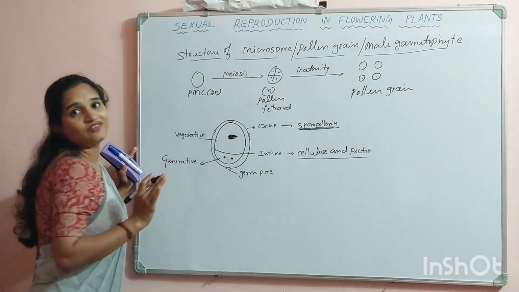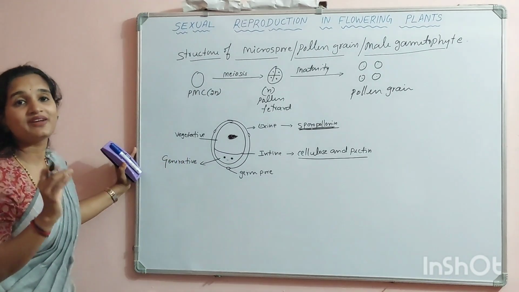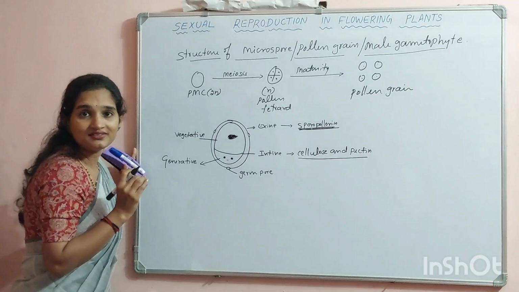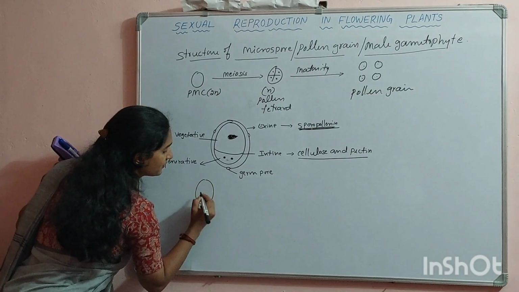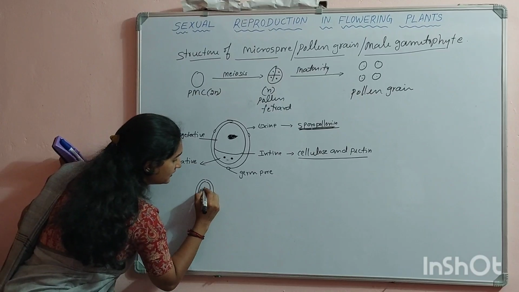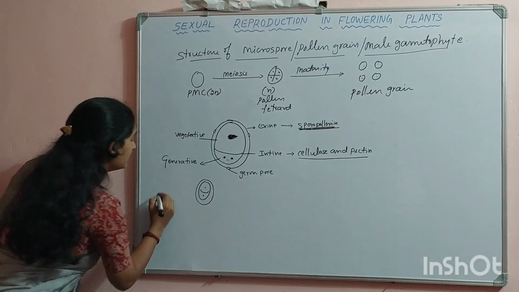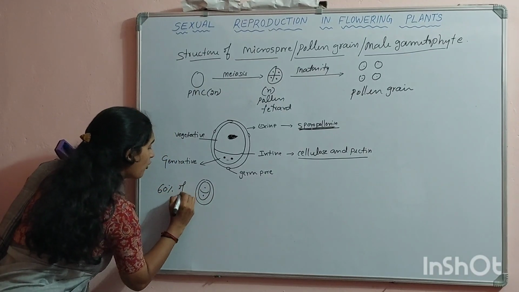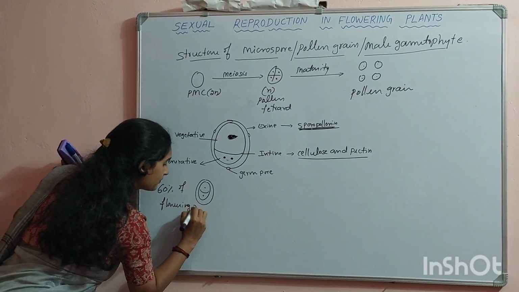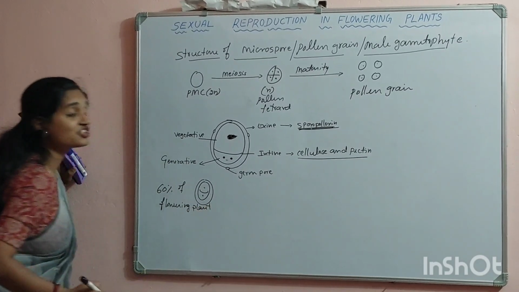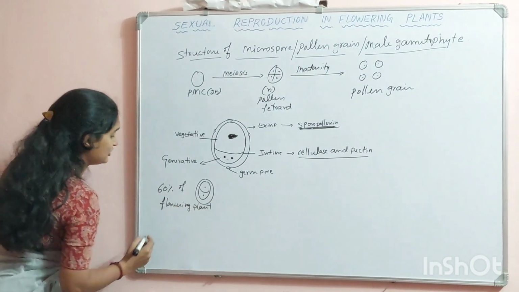In nearly 60% of flowering plants, pollen grains are shed at the two-celled condition, meaning pollen grains with two cells.